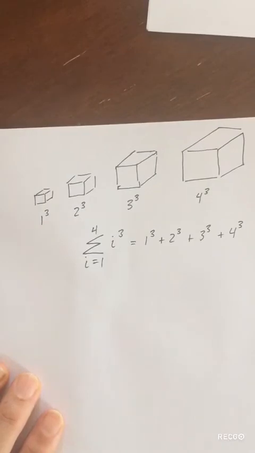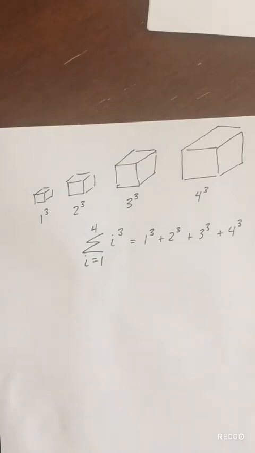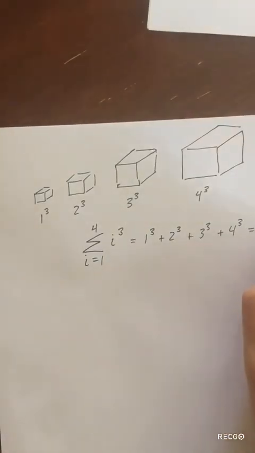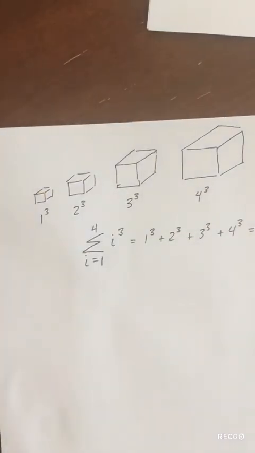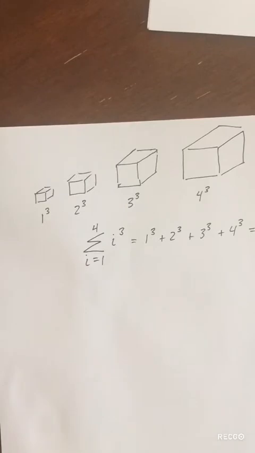Then I add those numbers up: 1 plus 8 plus 27 plus 64. How funny, that gives a nice answer: you're going to get 100 for the sum of those first four integers cubed.